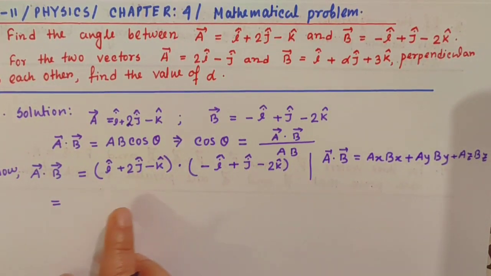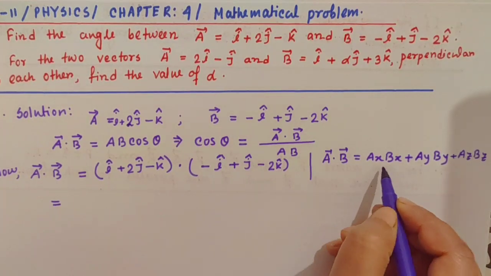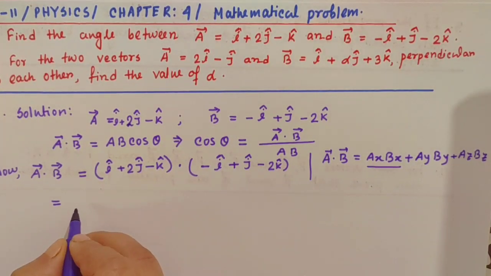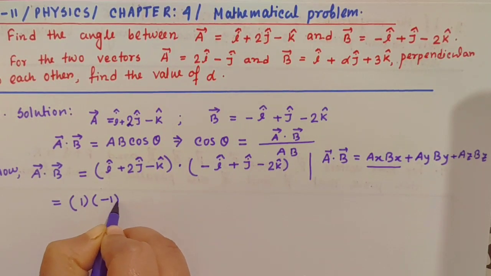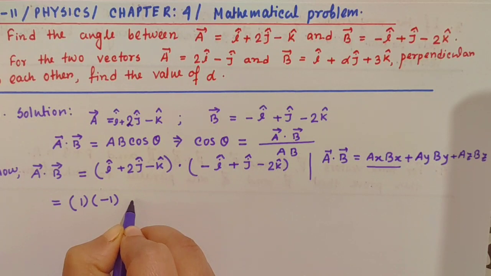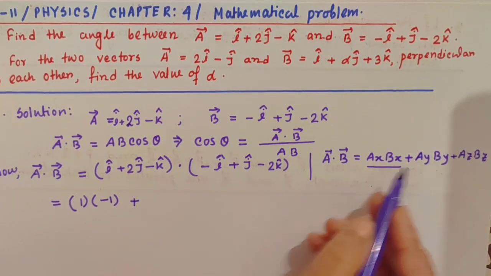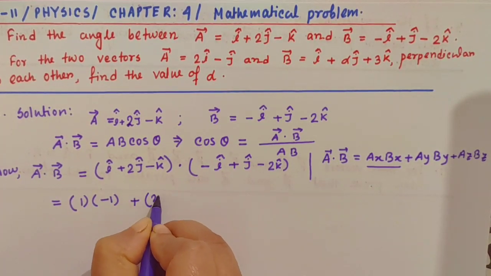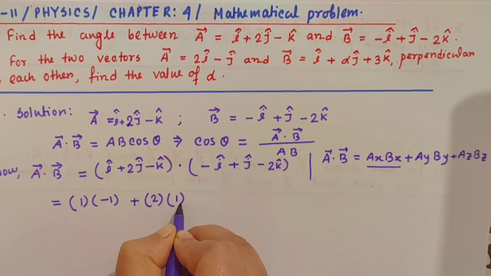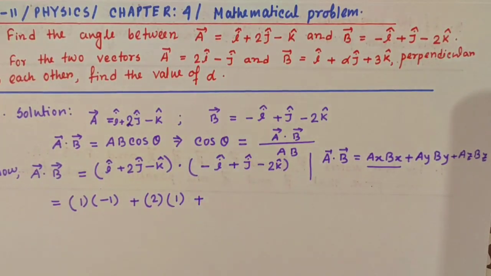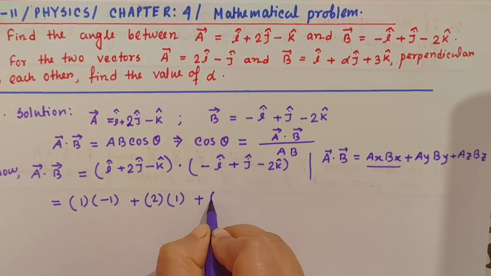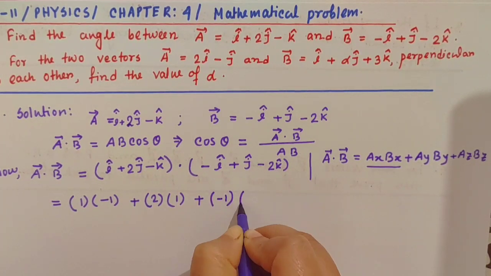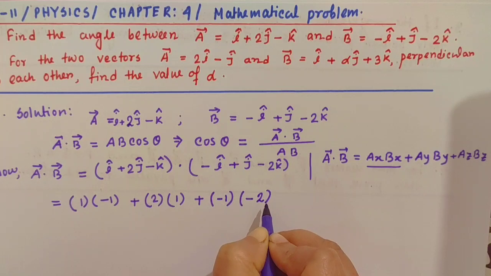So from here we can write AxBx is equal to 1 times minus 1, here minus 1, plus AyBy. So Ay means here 2 and By means 1, plus AzBz. So Az is minus 1 and Bz is minus 2.